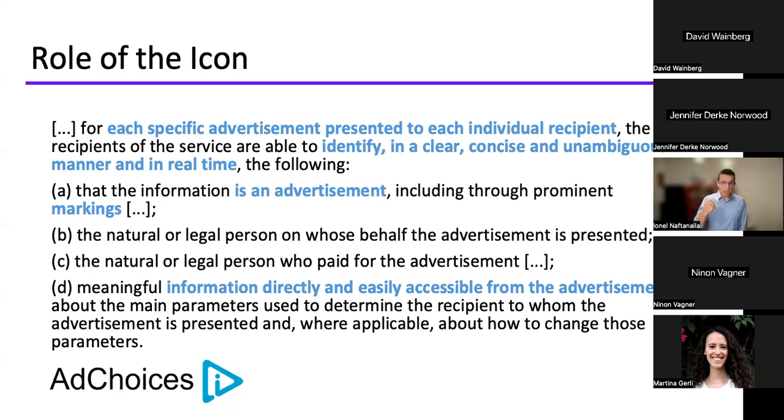The challenge was, on the one hand, to fine-tune the assets of the program. So the Ad Choices icon, the consumer choice platform at yourlinechoices.eu, and the seal, so as to respond to this new challenge. And on the other hand, to identify a workable technical mechanism through which this communication of information will flow back and forth.